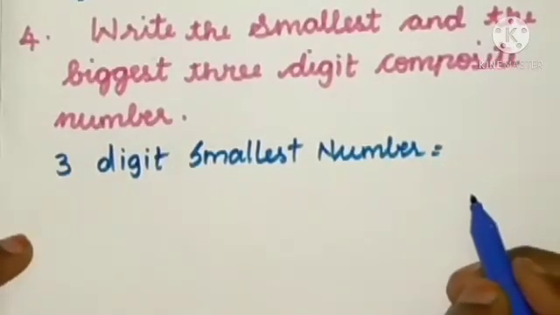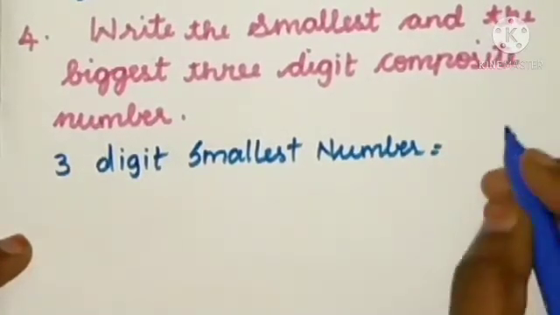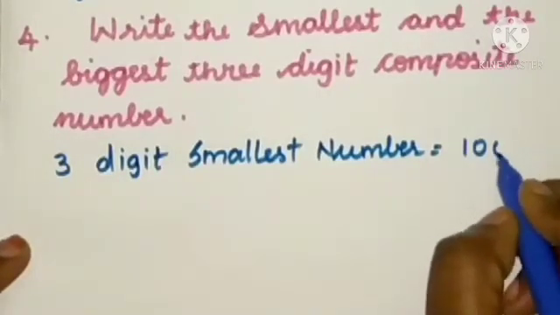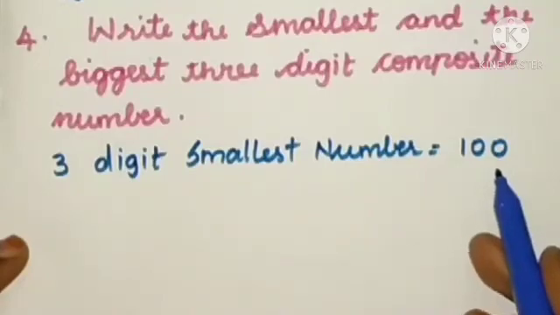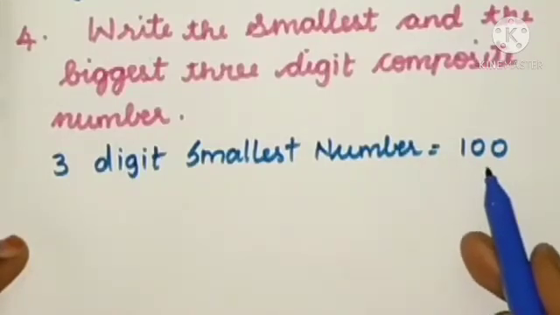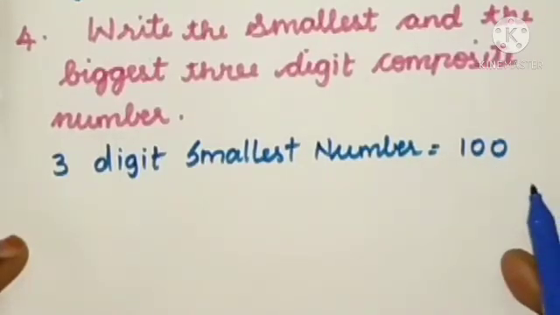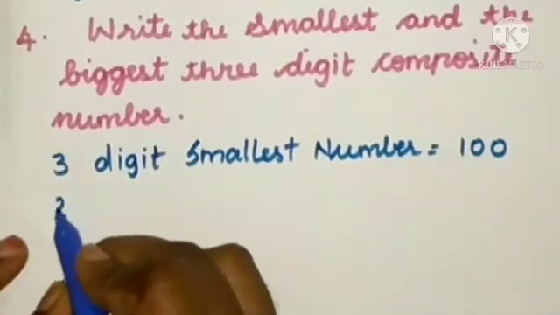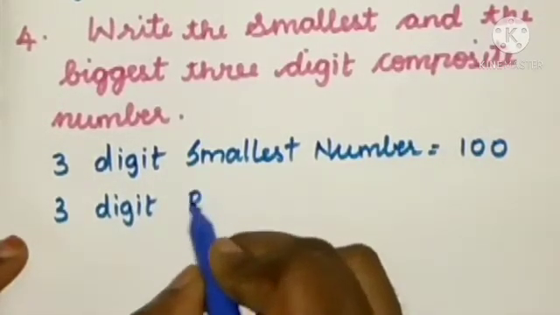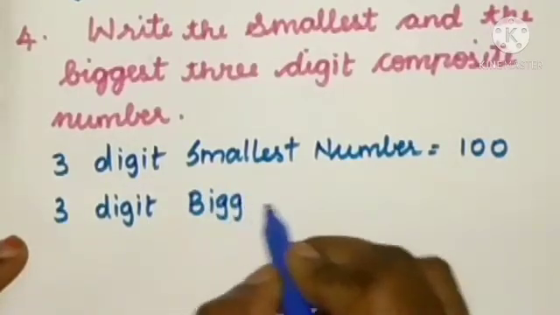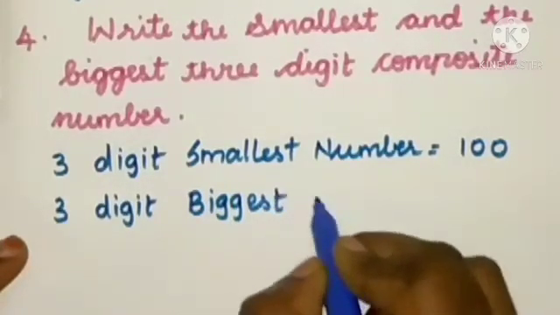Three-digit smallest number means what? Yes, 100 is the three-digit smallest number and 100 is also a composite number because it has more than two factors.